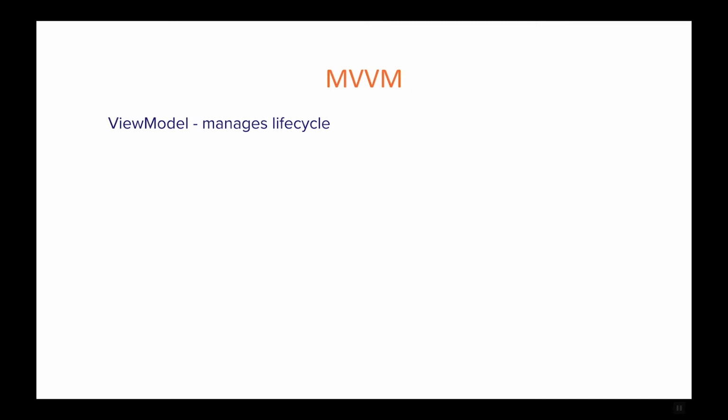Now, the two major components are, one, the ViewModel, which manages lifecycle for the ViewModel class, right? And two, the LiveData. The LiveData implements the observable pattern that we are using in our MVVM architecture, right? So the view can connect to events, to subscriptions of LiveData in our ViewModel.